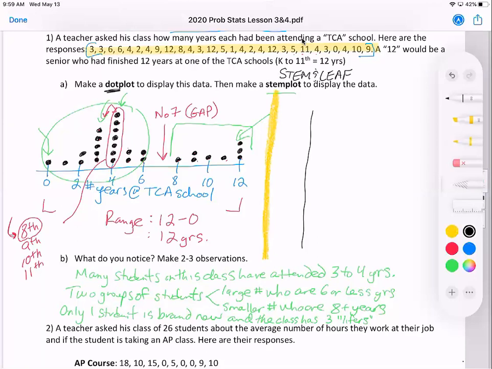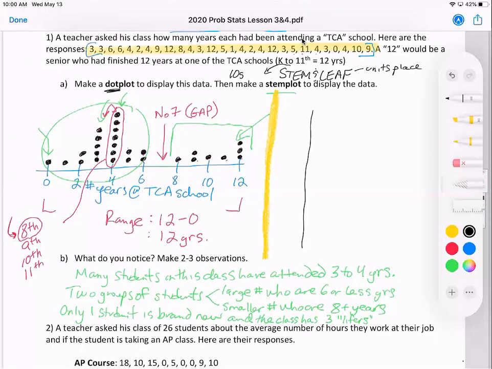So you've probably seen these in junior high. The stem's going to go on the left, and the stem is based on the values that you have here. And then the leaf, in this context, the leaf would be the units place, not units as in hours, but units like the first digit, whereas stem is going to be the tens, like 10, 11, 12.